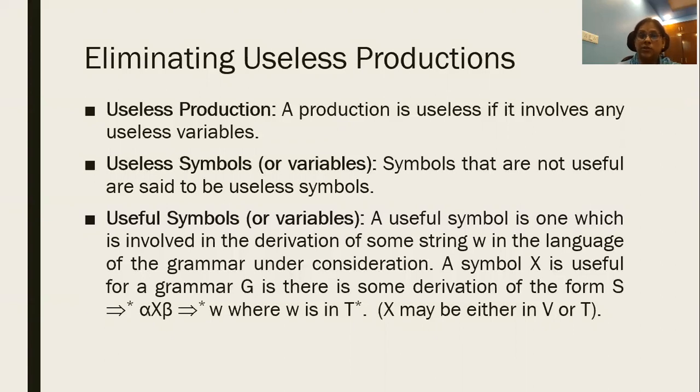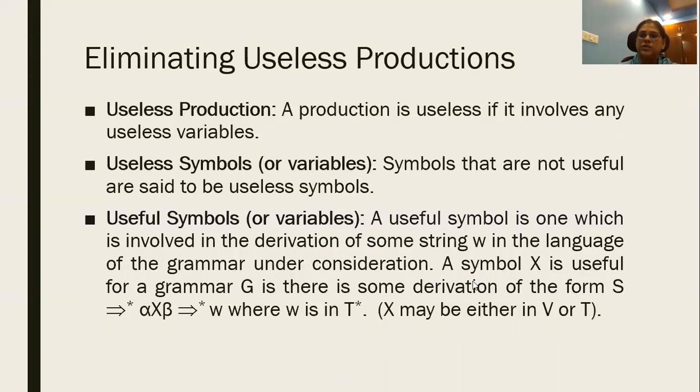Obviously, a useless variable is one which is not useful. So then the next question is, what is a useful variable? A useful variable is one which is involved in the derivation of some string, at least one string, w, in the language of the grammar under consideration.